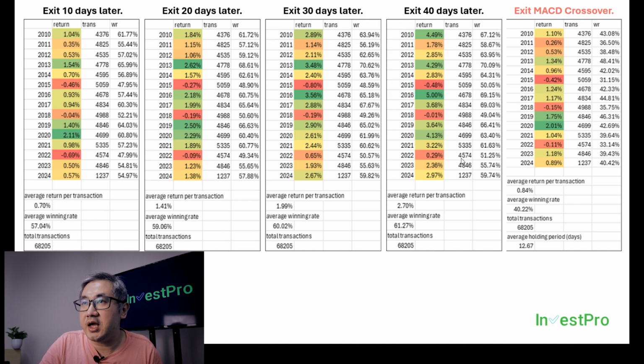So excluding this table, if you just look at the MACD crossover technique alone, your average return per transaction is 0.84% and the winning rate is 40.22%. Well, I would say that it still gives you slight positive returns, not a big one.